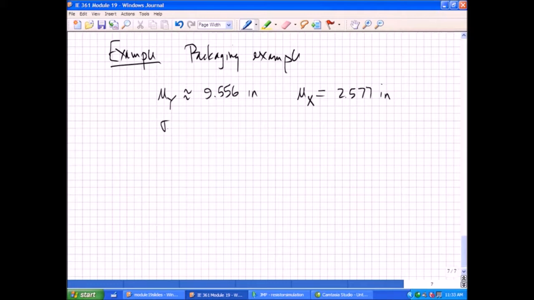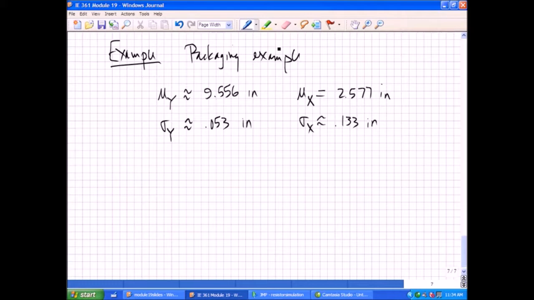The standard deviation for Y was about 0.053 inches, and the standard deviation for X was about 0.133 inches.